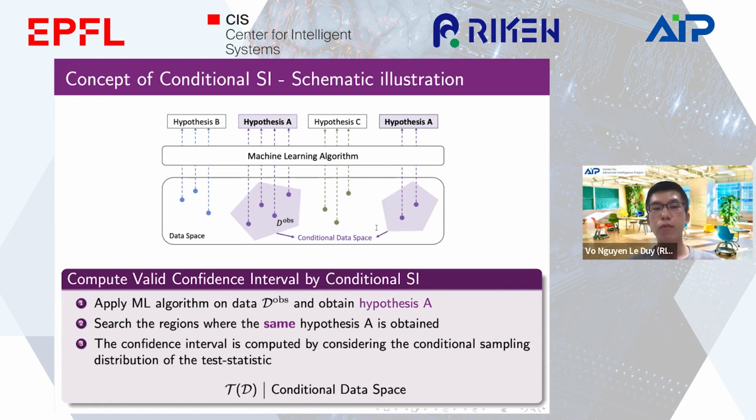If you use another method, for example a non-asymptotic approach, when you have few data, you cannot successfully derive the sampling distribution of the test statistic. So the main difference is that by conditioning on the selection, we can derive the exact sampling distribution of the test statistic, which means we can make the exact inference rather than an approximate inference. So that is the main advantage of conditional selective inference. That's my answer to your question.